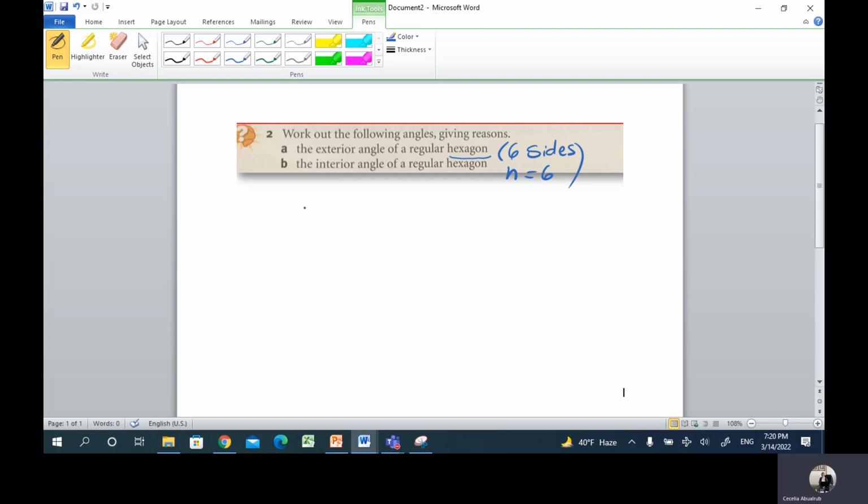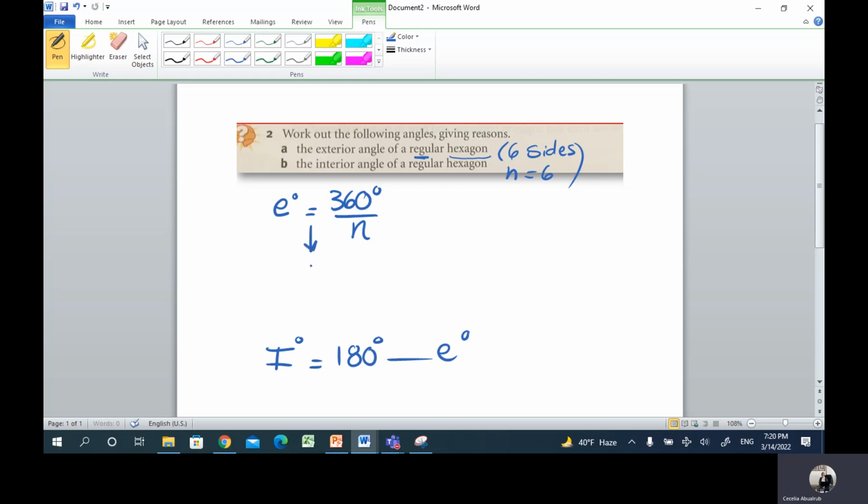Since it's a regular polygon here, we're going to use E is equal to 360 over number of sides, and the other rule, I is equal to 180 minus E.